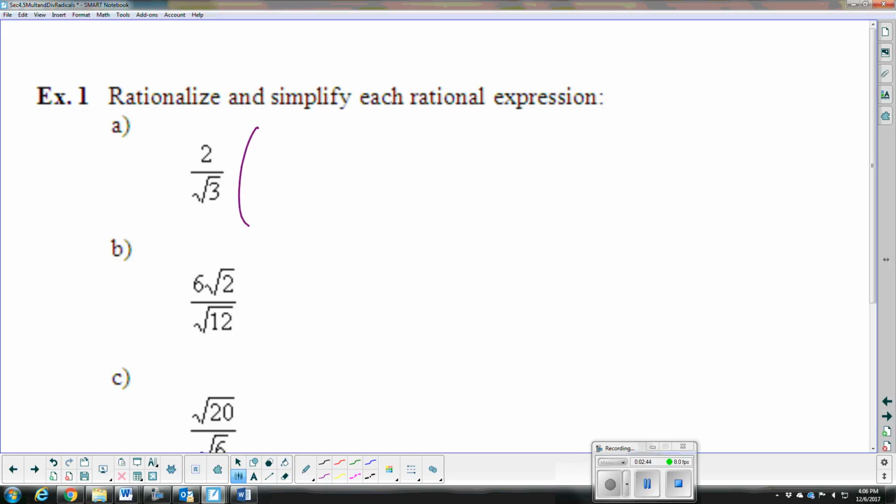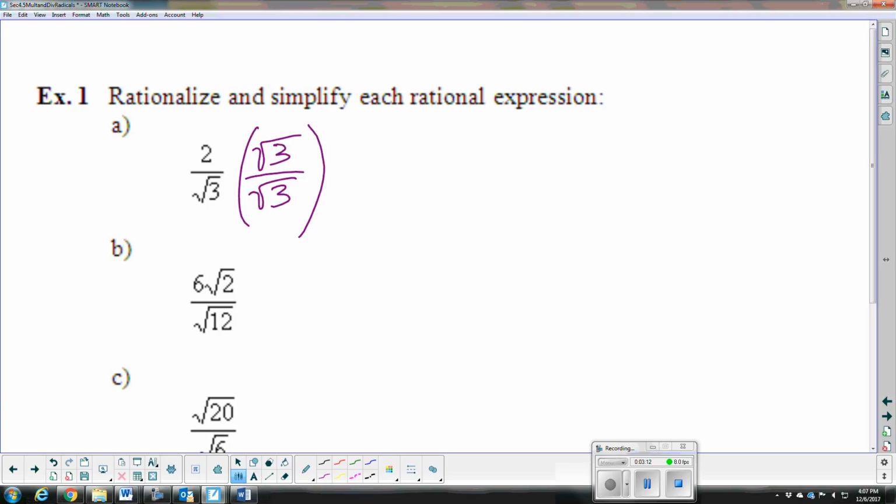So in order to get rid of the radical in the denominator, we're going to multiply by 1, but we're going to do that in the form the square root of 3 over the square root of 3. Square root of 3 over square root of 3 is 1. You can multiply any number by 1, and it doesn't change. It changes how it looks, but the number itself does not change.